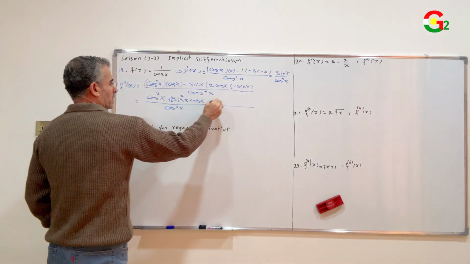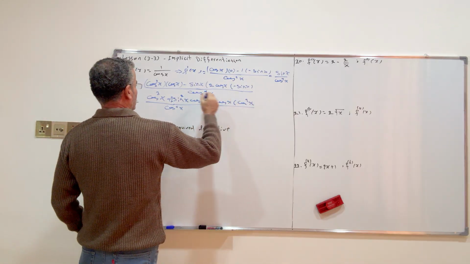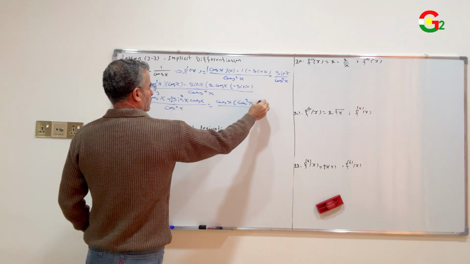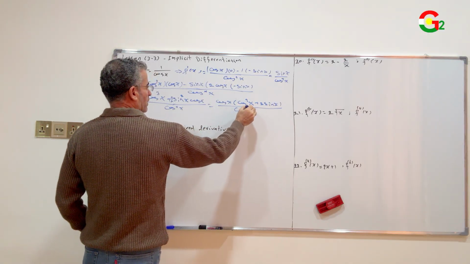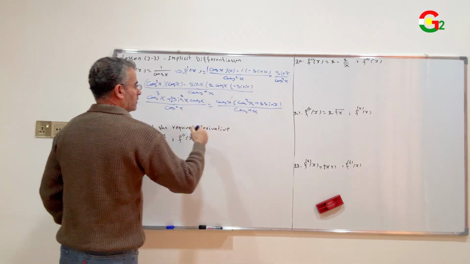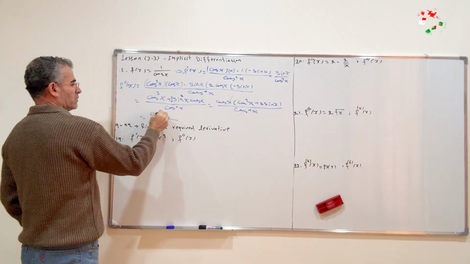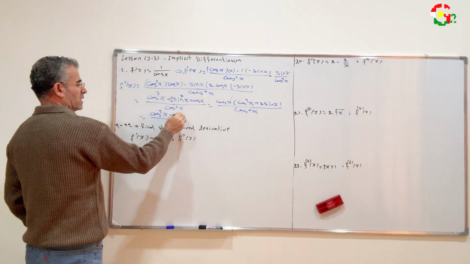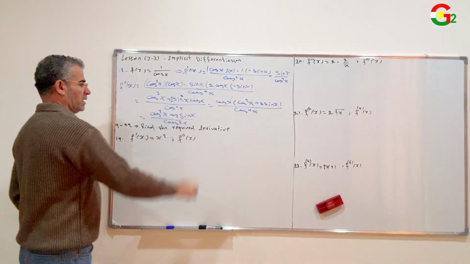Factorize by cosine x for the numerator: cosine square x plus 2 sine square x over cosine power 4 x. Reduce cosine with cosine: cosine square x plus 2 sine square x over cosine power 3 x.